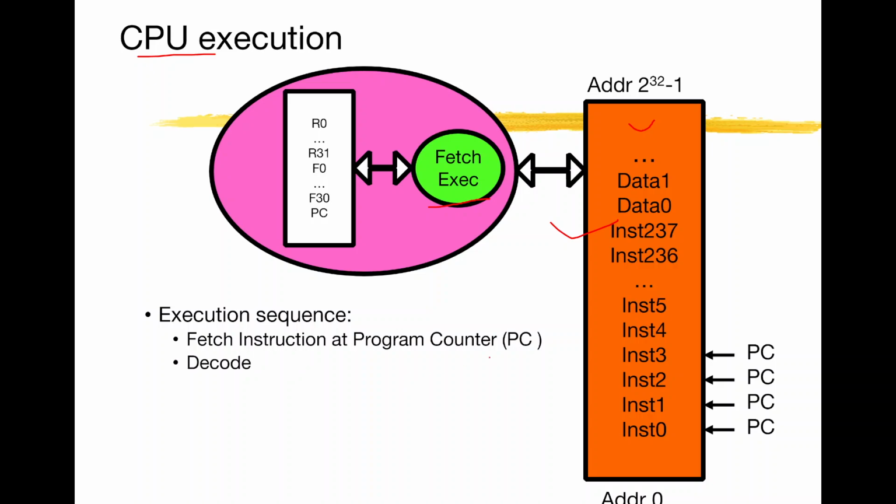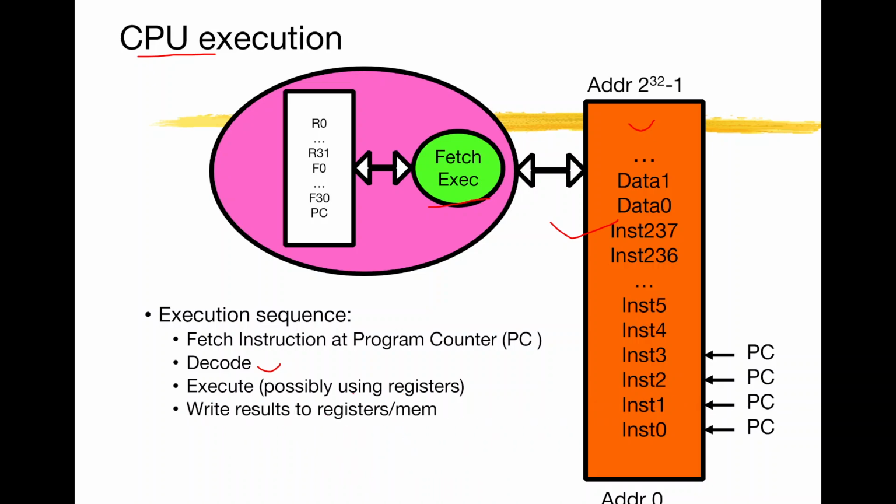Once it does that, it now decodes the instruction. In the process of decoding, it should be able to know where these instructions are stored in your working memory. Then it executes that instruction, possibly using registers. It will copy those instructions from your RAM up to your registers. And once it gets there, it does the execution.